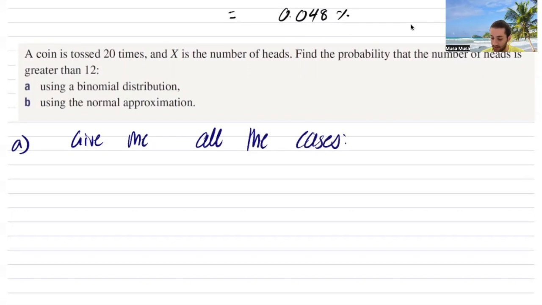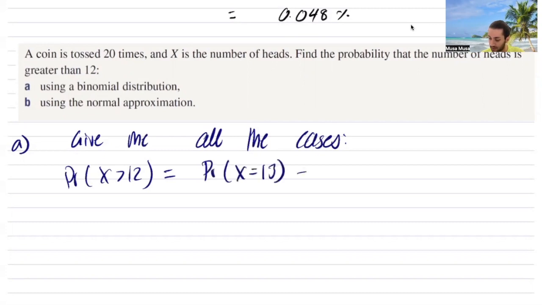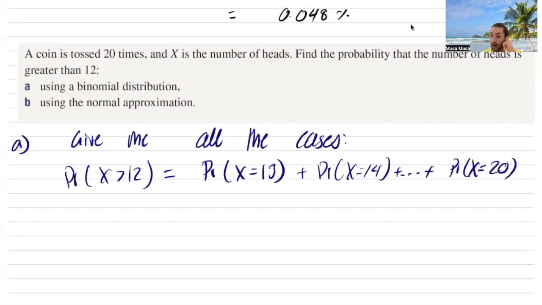The probability that X is greater than 12 means probability X equals 13 plus probability X equals 14, all the way to probability X equals 20. I am definitely not bothering to write that out.